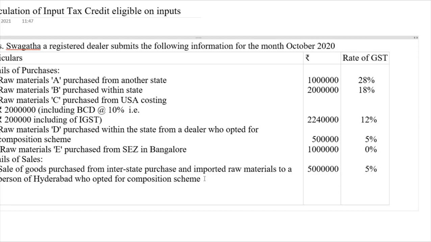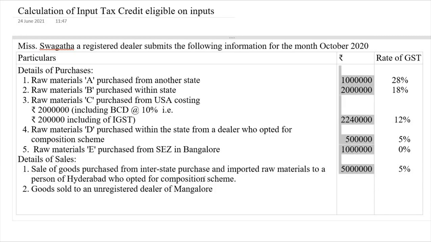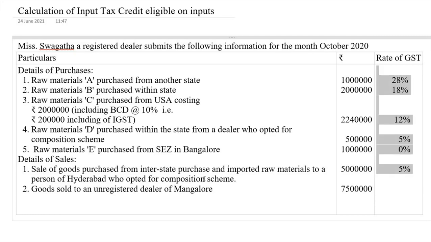Then number 2, goods sold to an unregistered dealer of Mangalore, rupees 75 lakhs. Rate of GST is 12%.